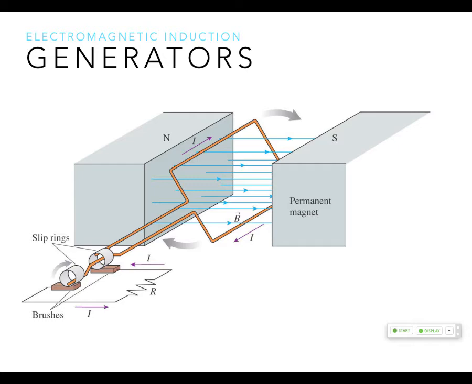Water, right? So hydroelectric dams use turbines. You can use windmills. Those can turn something that can then generate current. So you can turn mechanical energy from wind or water into electrical energy.